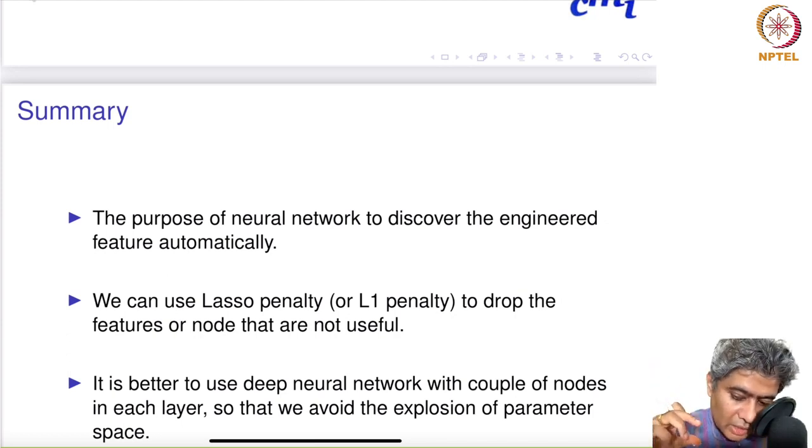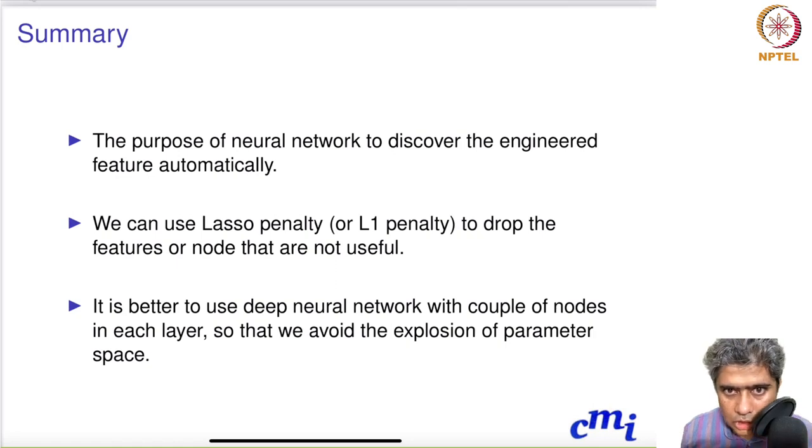But if you have a deep network with quite a few layers, where each layer has maybe 2 or 3 nodes, then the number of parameters stays under control, and that makes deep learning neural networks very useful. It can capture non-monotonic, non-linear behavior, but at the same time your parameter space is somewhat controlled. That is a very useful feature of neural networks.